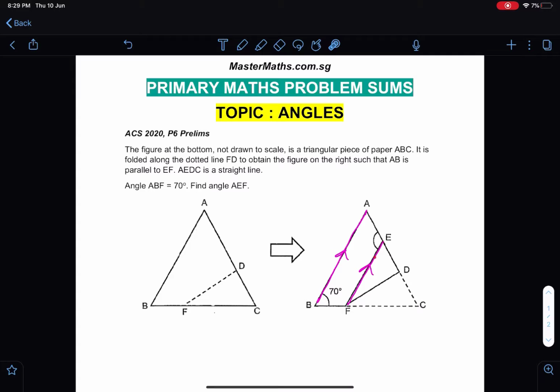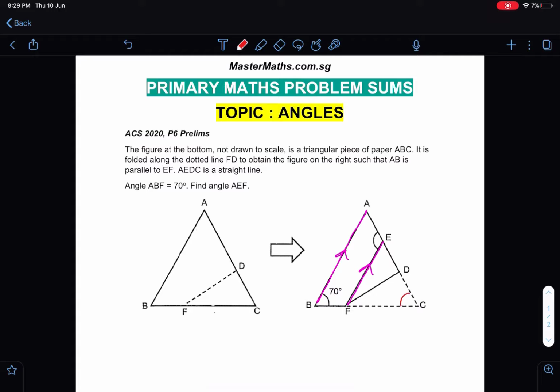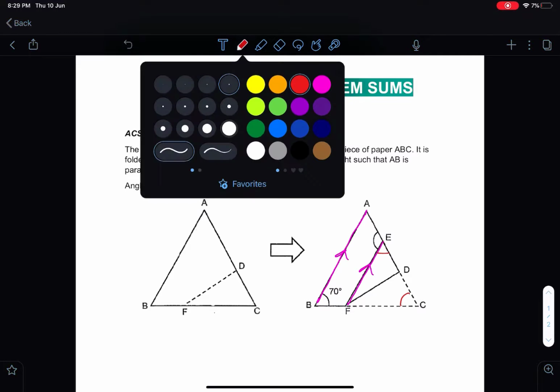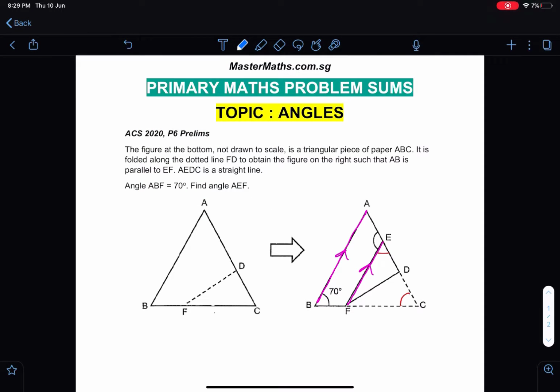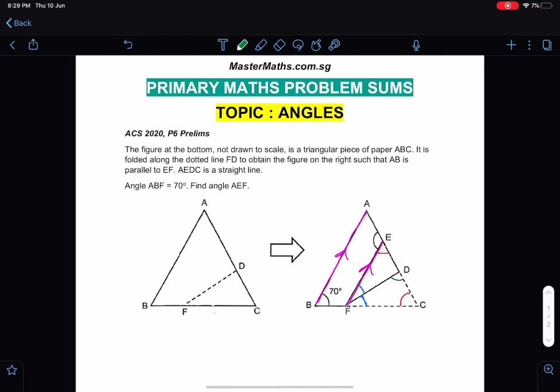So this angle here is going to be equal to this angle here. Likewise, this angle is the same as this. Likewise, this blue angle folded inside is the same as this blue angle, exactly the same value. And this green angle here is this green angle as well, same value for the green angles.